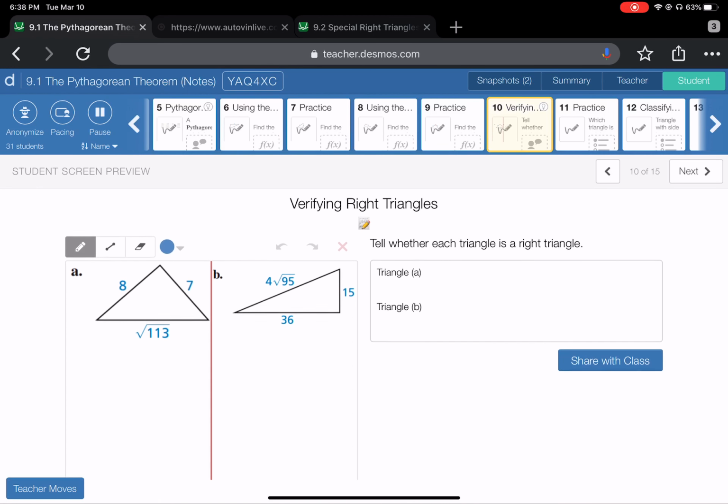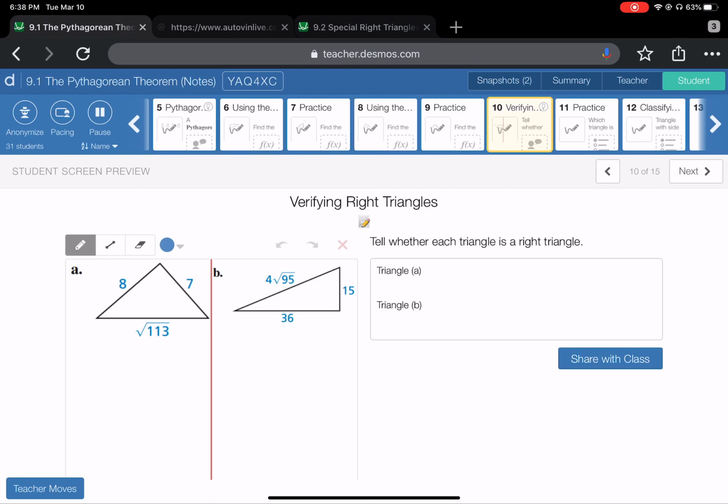Alright. Now the converse of the Pythagorean theorem. If we are given the side lengths of a triangle, we can verify that it is a right triangle by proving that the Pythagorean theorem is true for that given triangle.